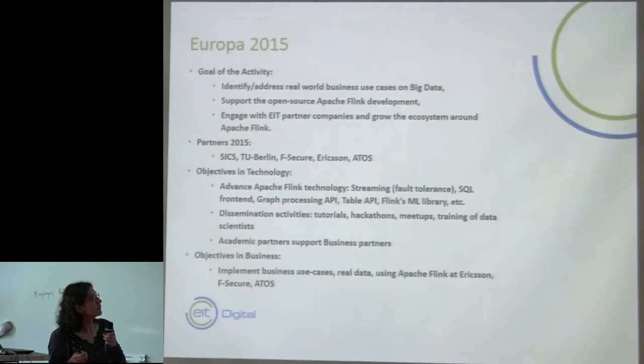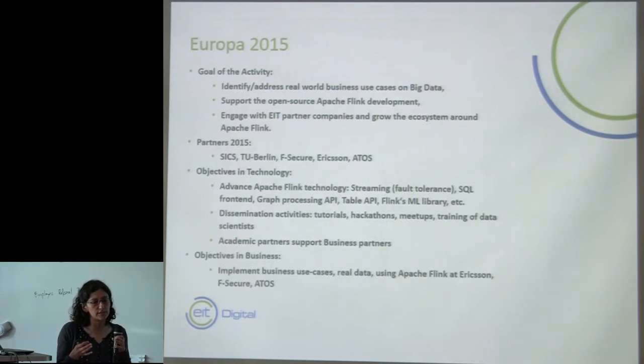The partners of the Europa project have been several in the past, but currently in 2015 we have 6: TU Berlin, F-Secure, Ericsson, and Atos. Two of them, SICS and TU Berlin, are academic partners, and the others are business partners.